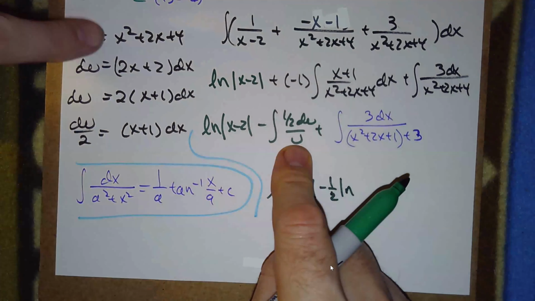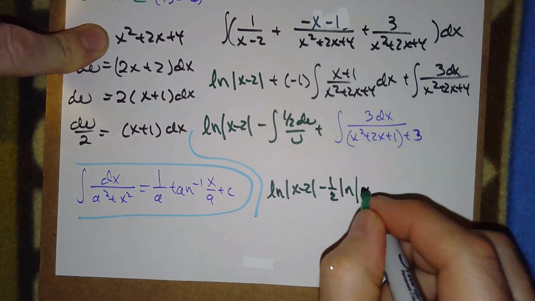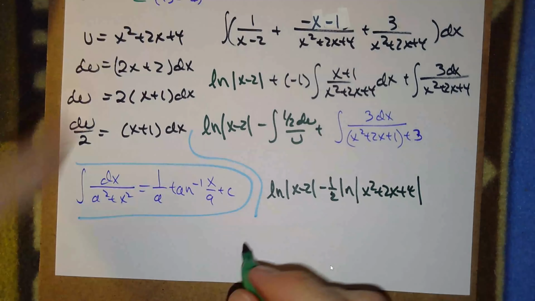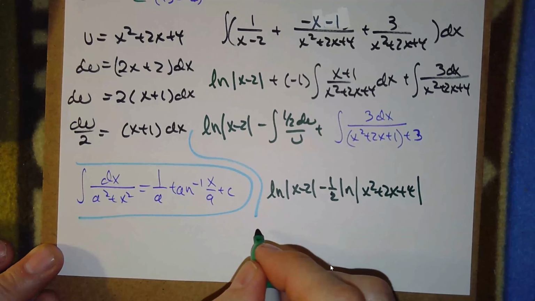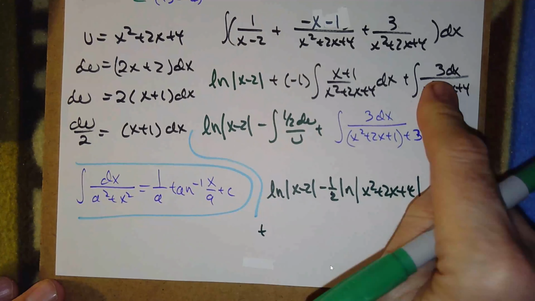Now, u is this thing right here, x squared plus 2x plus 4, plus my integral right here.